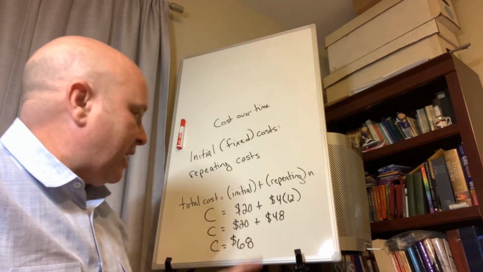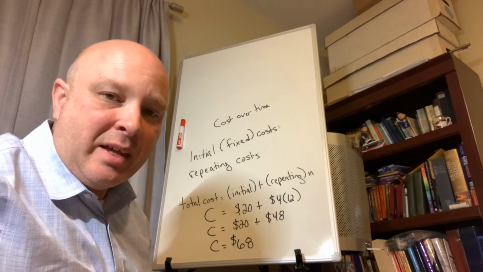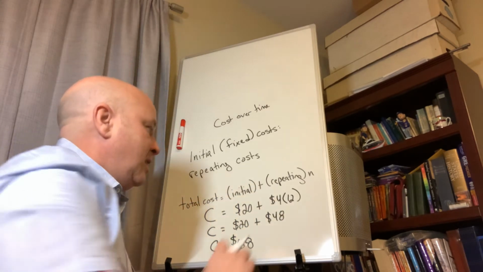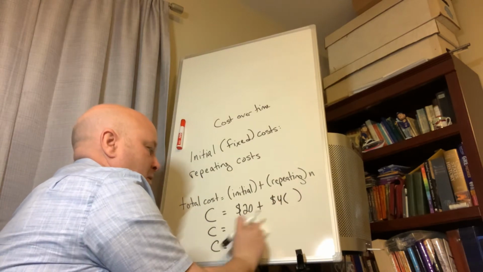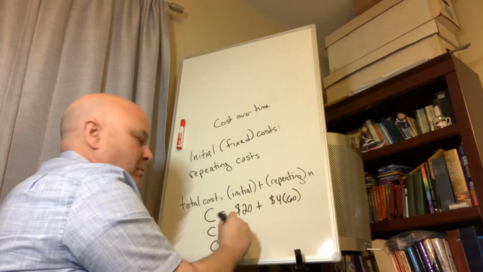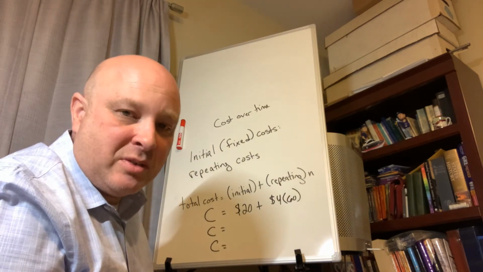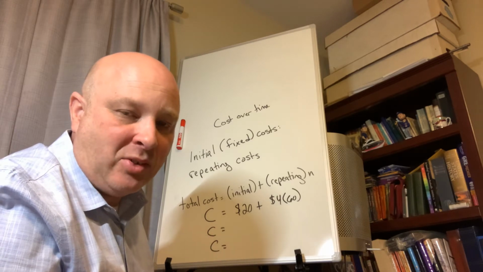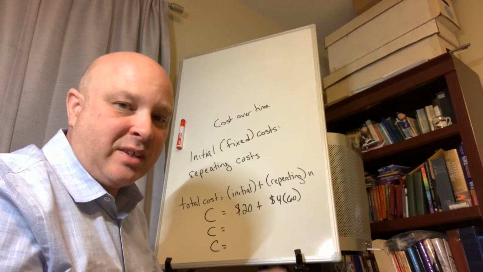In fact, if I kept this for a full 5 years, which is 60 months, my initial costs are still $20. Well, that $20 doesn't make a whole lot of difference in my price now because I've spread my initial cost over 60 months.